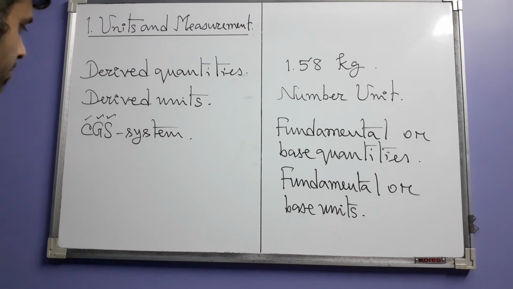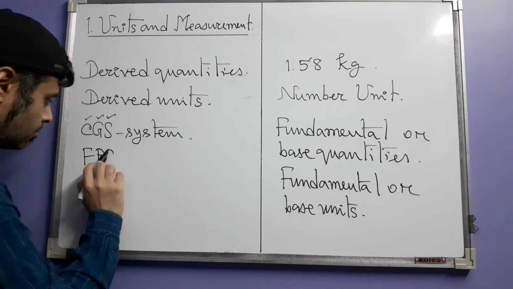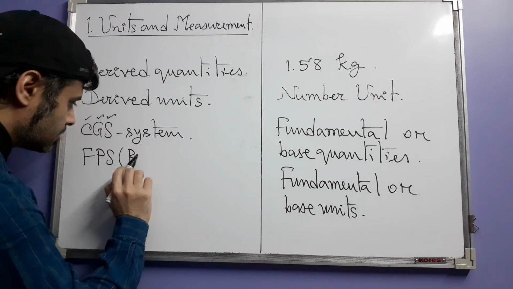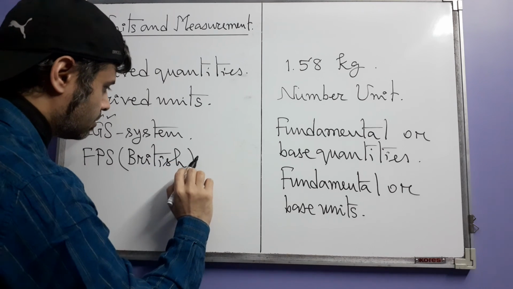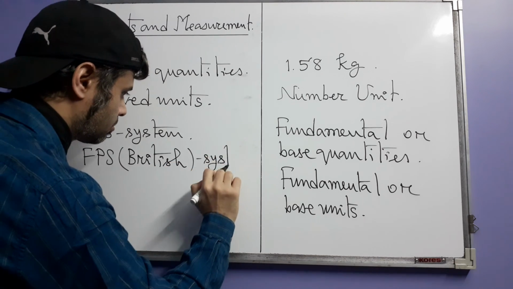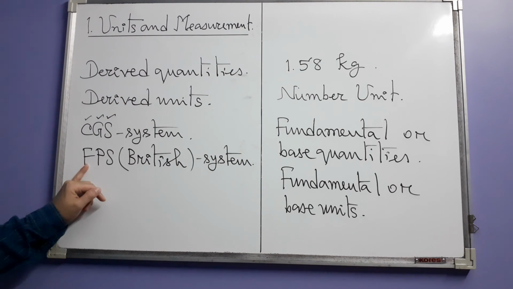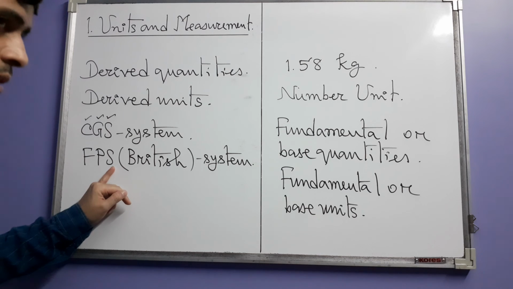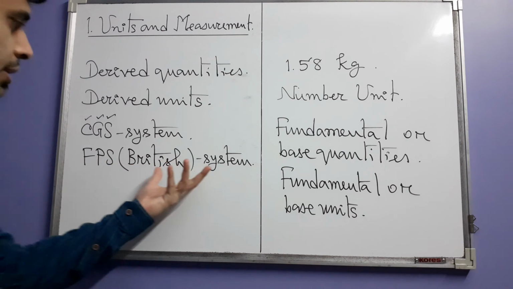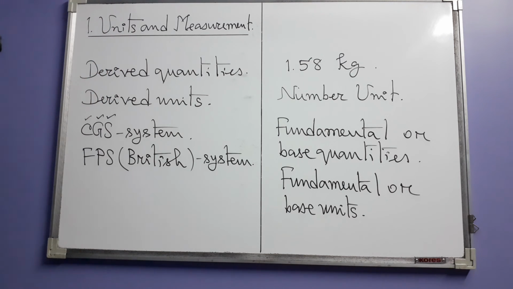This was in use. Then you also have the FPS or British system, where the unit of length is foot, unit of mass is pound, and unit of time is second. This is still used in, for example, the US, North America.